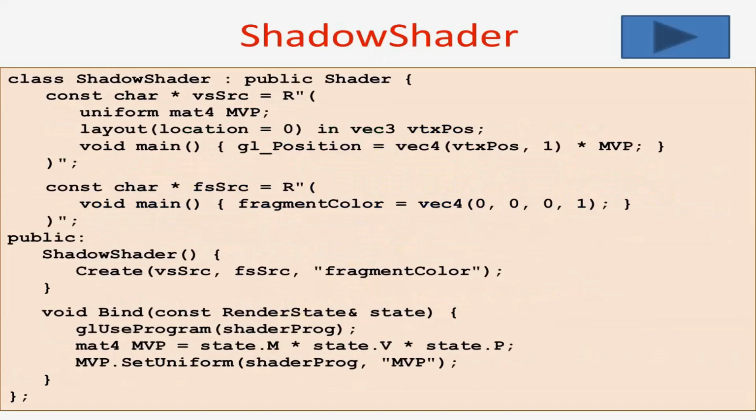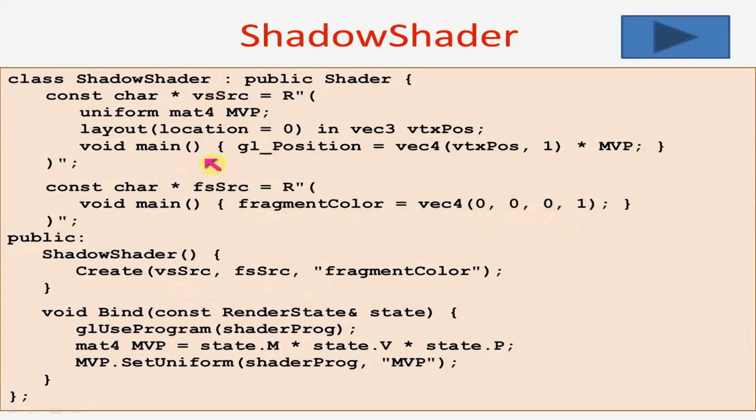This simple example shader draws everything in black. The vertex shader transforms the points with the MVP transformation matrix from modeling space to normalized device space. And the fragment shader colors every pixel that corresponds to the given object with black color.